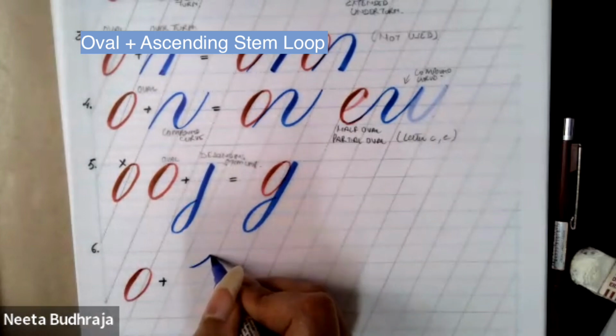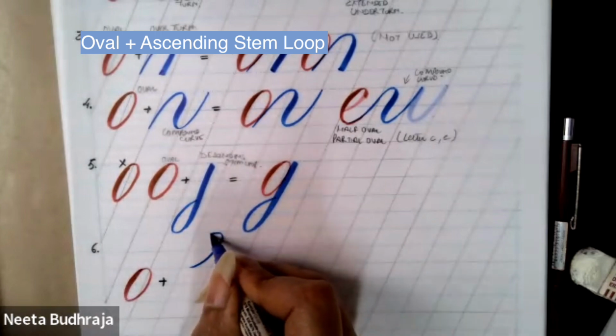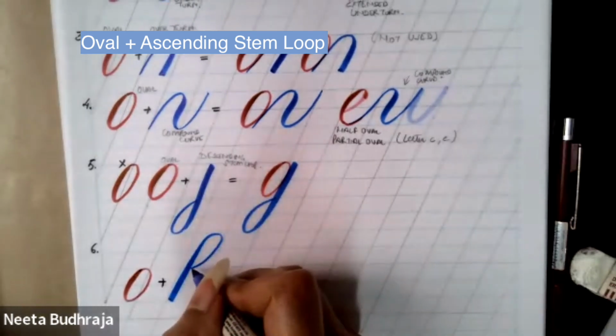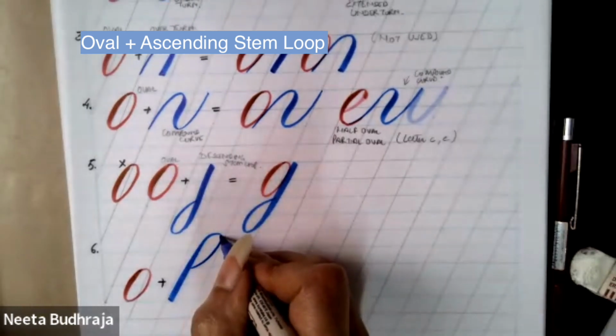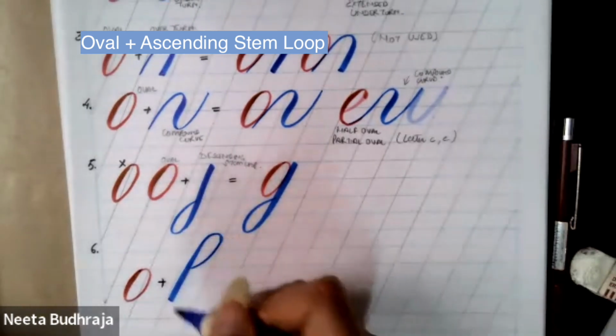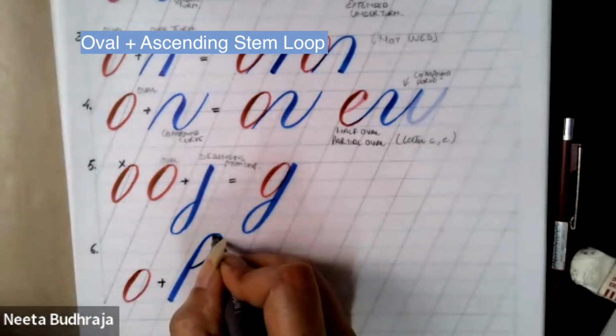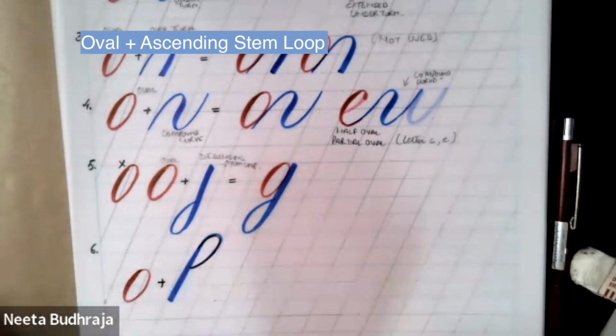So ascending stem loop comes here. My ascending stem loop is not correct. So if I'm correcting it, it will come like this.